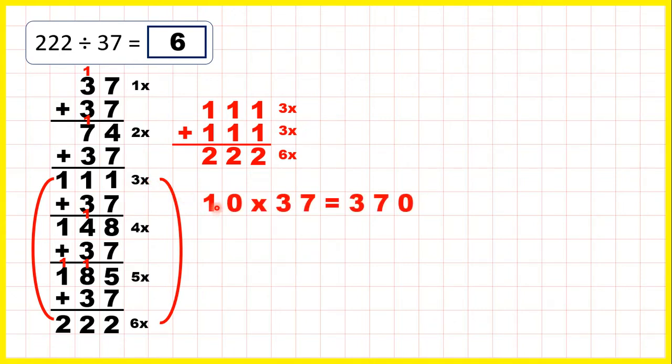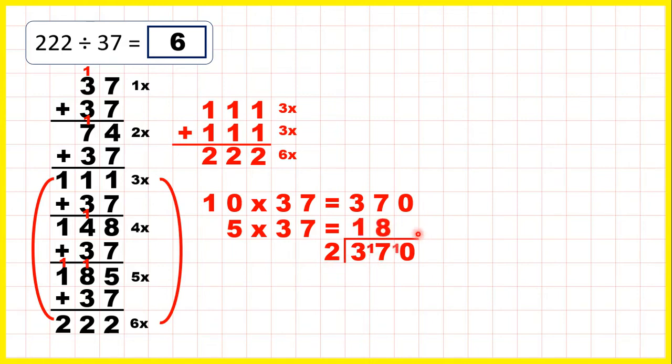Or we could have worked it out a different way. With 37, we know that 10 times 37 would be 370, because when you multiply a whole number by 10, you can just put a 0 on the end. But then, if we know that 10 times is 370, we can work out 5 times by finding half of 370, or dividing it by 2.